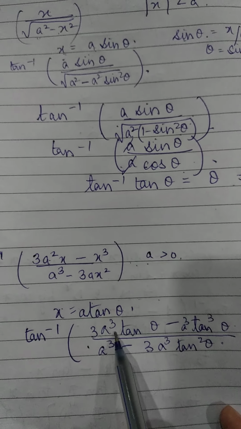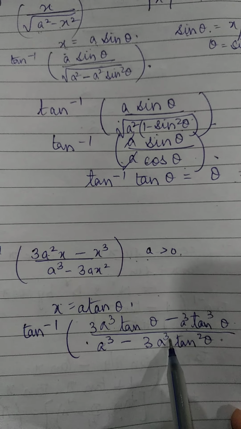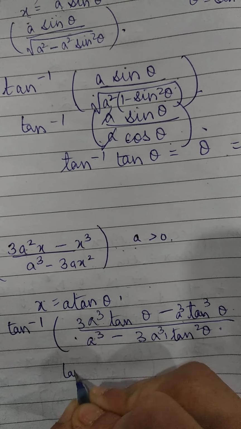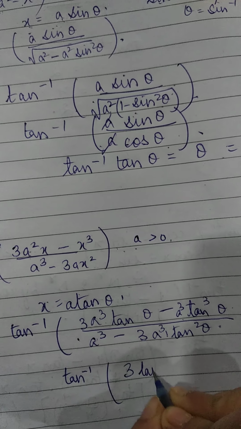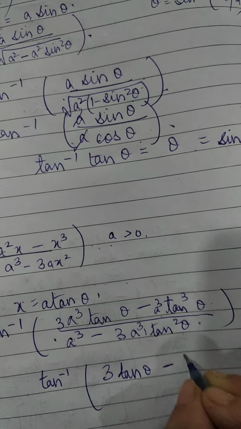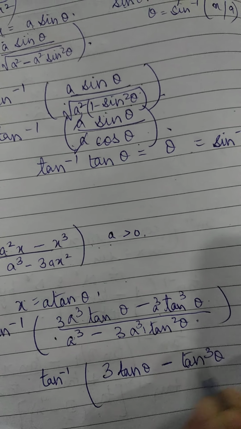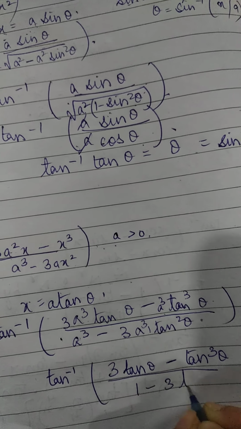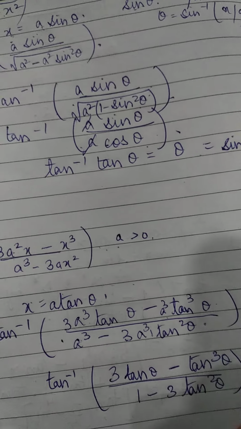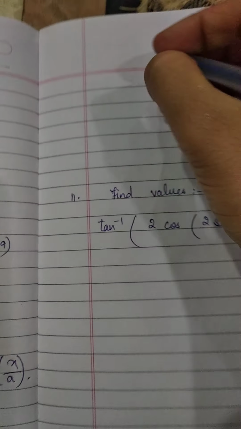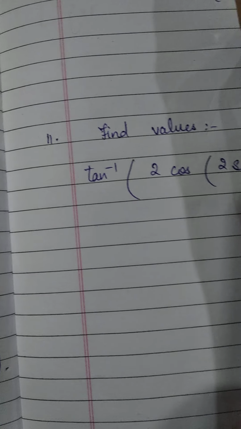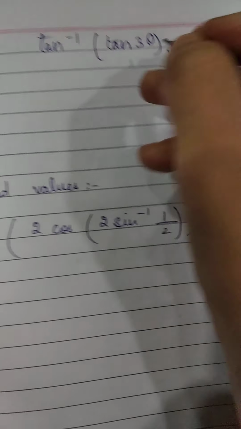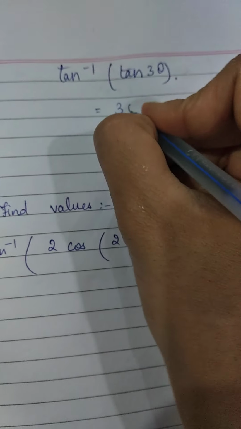Now what we can see, a cube is common. So we can take it common and cancel out from the numerator and the denominator. So what are we left with? 3 tan theta minus tan cube theta upon 1 minus 3 tan square theta. So that is tan inverse tan 3 theta, which is equal to 3 theta.